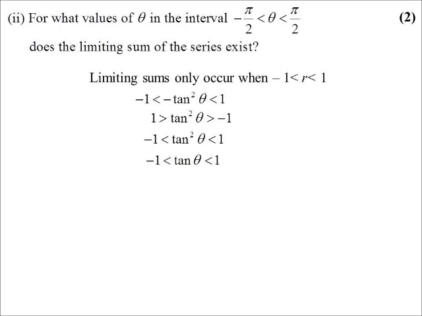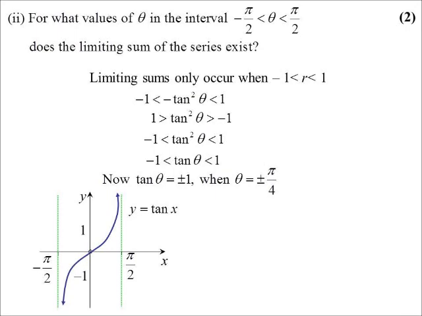I mean, if minus tan squared's in between minus 1 and 1, well, tan squared's got to be in between minus 1 and 1 as well. Which means tan is going to be in between minus 1 and 1. Now, we know that tan is equal to plus or minus 1 at 45 degrees. Notice I'm using radians here, because in the HSC, they tend to work with radians rather than degrees. So I drew a graph. Said, hey, look, here's my graph. Nice graph. 1, minus 1.